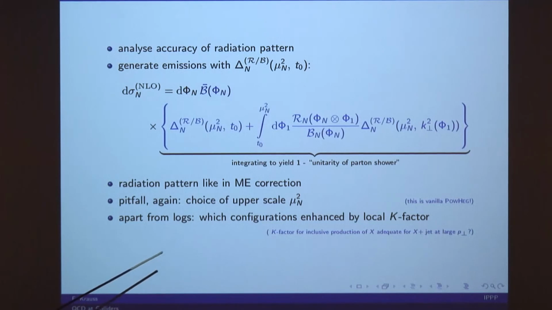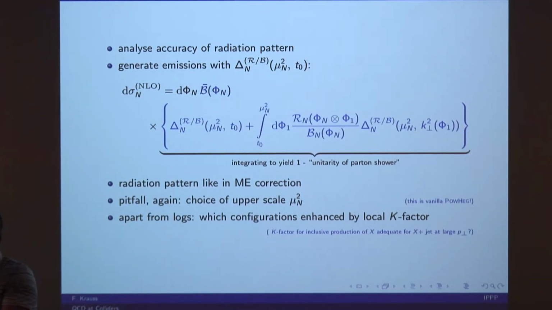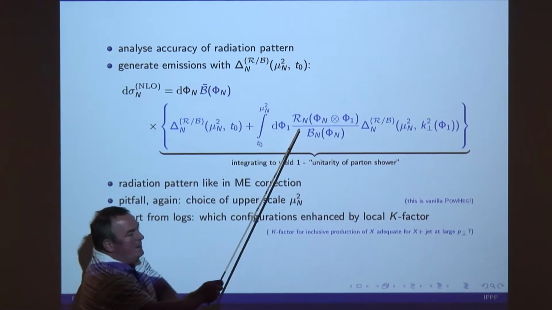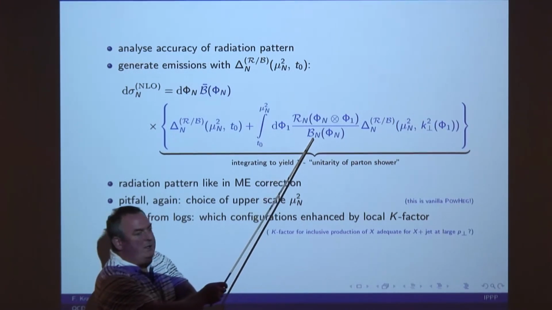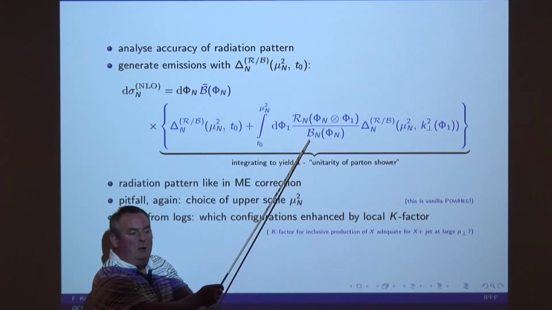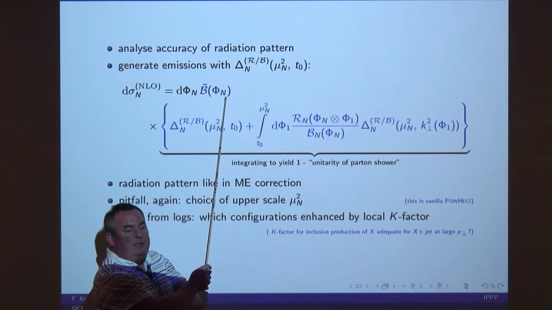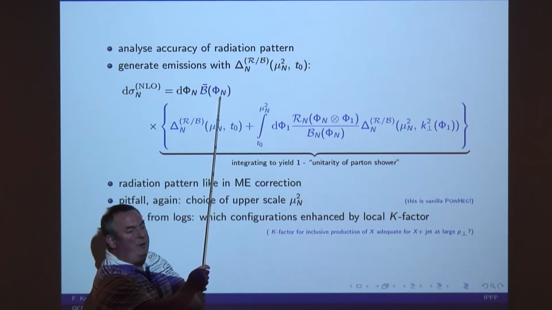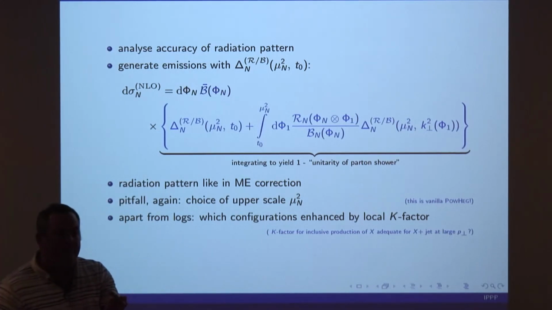And what you have to do now is the following. You have to go to order alpha s and see that you don't get anything that you don't want to get. The first thing, and this is in particular true for the emission pattern, is that you know R over B is already of order alpha s. Yes? Because it's one emission. So every term in this modified Born that is not Born comes with an extra order alpha s.